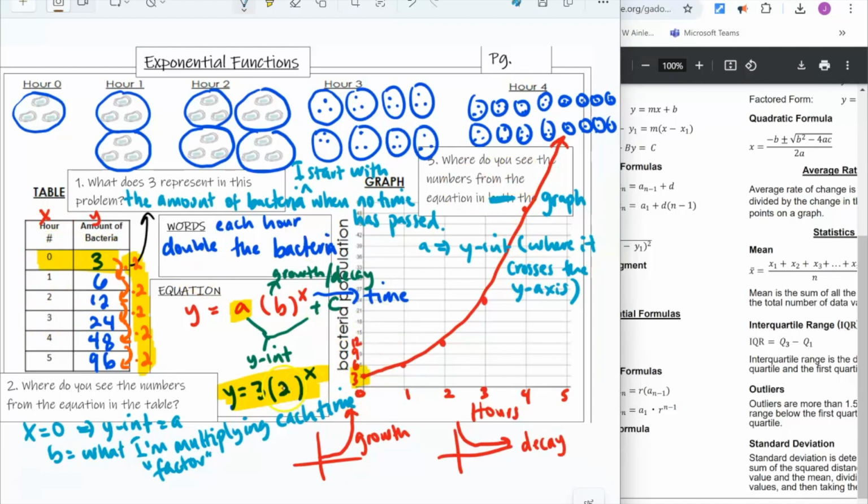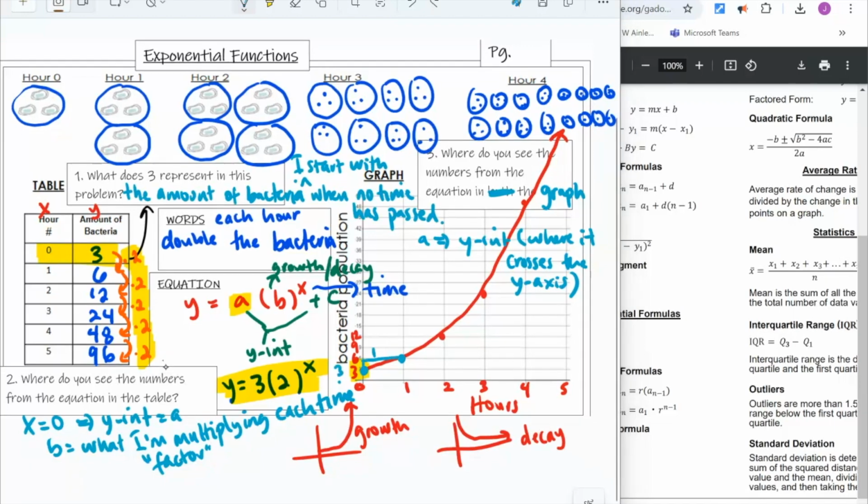All right, then where do I see this number 2? This one's a little more tricky because it's not very obvious. But going off the table, I know I'm multiplying by 2 to get to the next number. So how am I going from here to here? I go up 3, from 3 to 6, and then run 1.